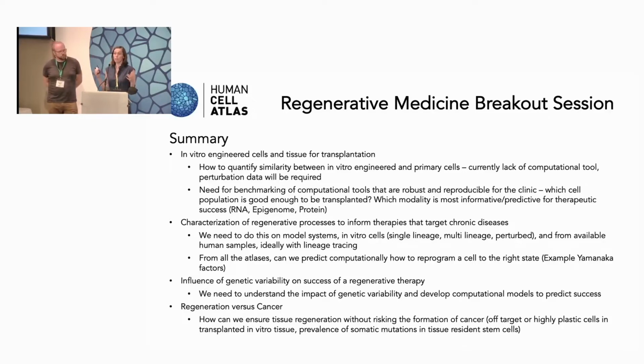Then we discussed a lot about characterization of regeneration processes, and of course in this case we have a lot of model systems available, a lot of mouse models and other animal models to study regeneration, and they are potentially a good proxy for the human counterpart.